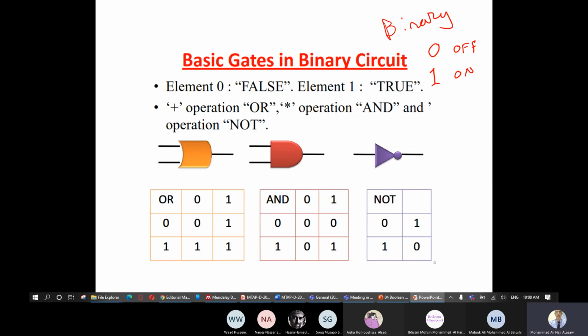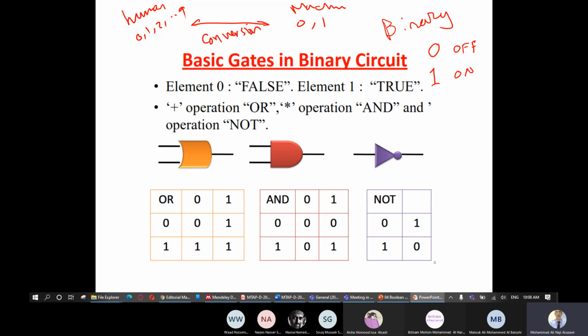That's why we need to link what the human understands, which are the decimal numbers 0, 1, 2, up to 9, and what the machine understands, which is 0, 1.